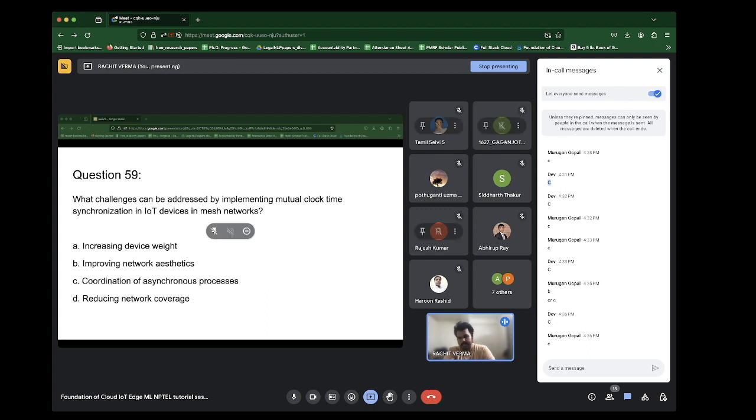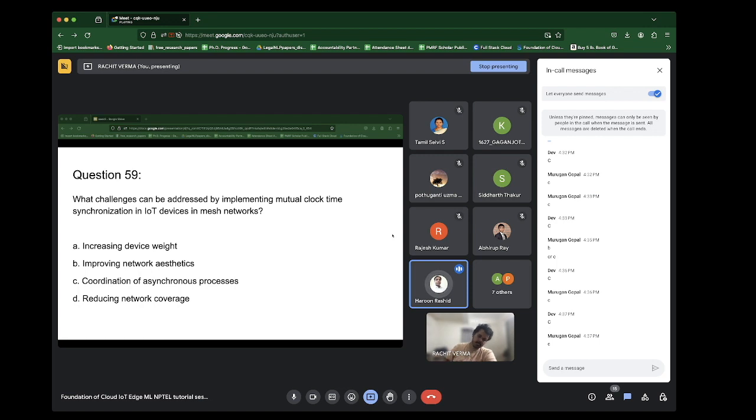What challenges can be addressed by implementing mutual clock time synchronization in IoT devices in mesh networks? Is it increasing device weight, network aesthetics, coordination of asynchronous processes, reducing network load? Yes, the answer is C, coordination of asynchronous processes.